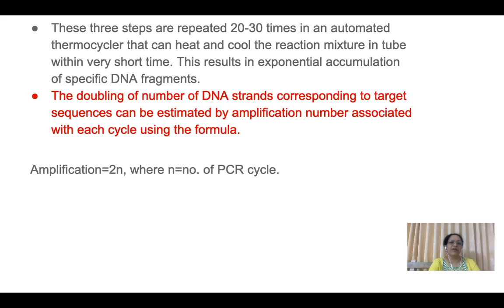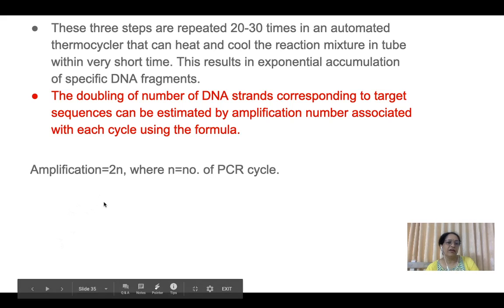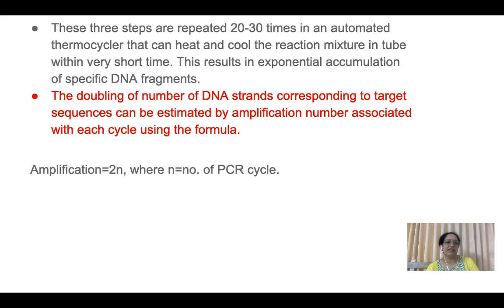The doubling of the number of DNA strands corresponding to target sequences can be estimated by the amplification number associated with each cycle using the following formula. Amplification is equal to 2^n, where n is the number of PCR cycles.